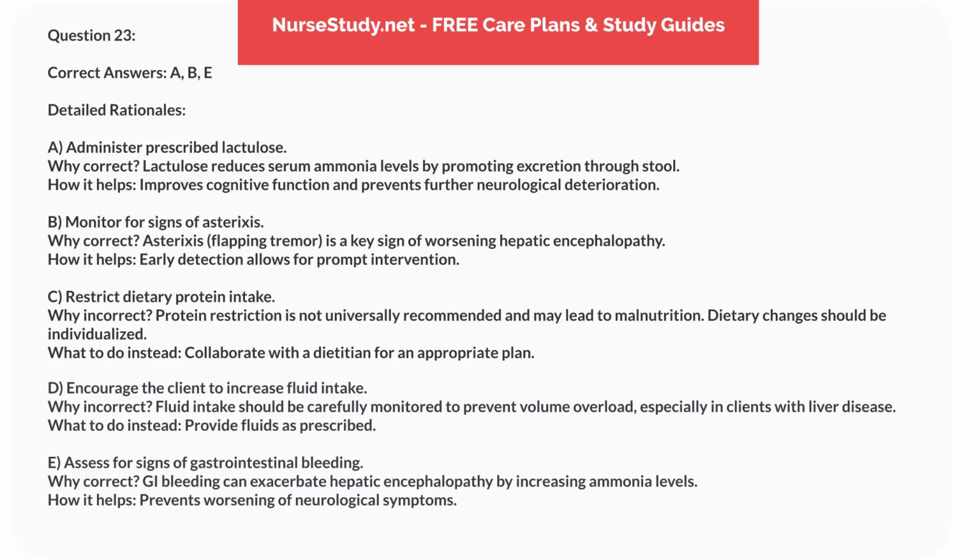Fluid intake should be carefully monitored to prevent volume overload, especially in clients with liver disease. What to do instead: provide fluids as prescribed. E. Assess for signs of gastrointestinal bleeding. Why correct? GI bleeding can exacerbate hepatic encephalopathy by increasing ammonia levels. How it helps: prevents worsening of neurological symptoms.